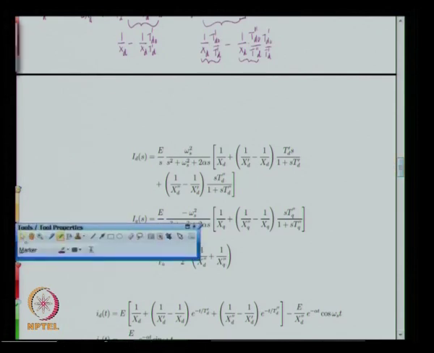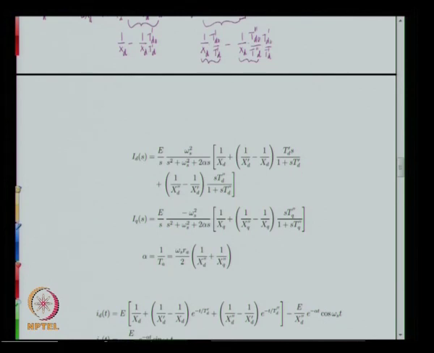So we end up with the result id of s and iq of s expressed in this form after all the simplifications are done.